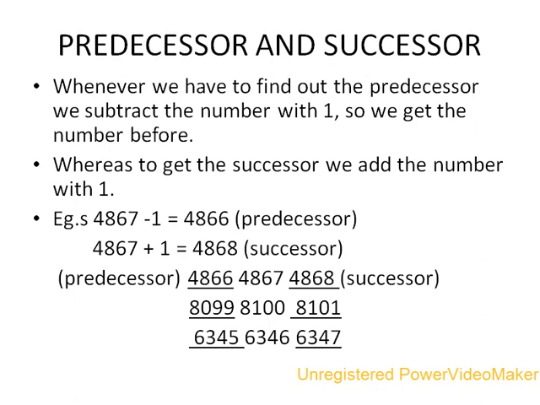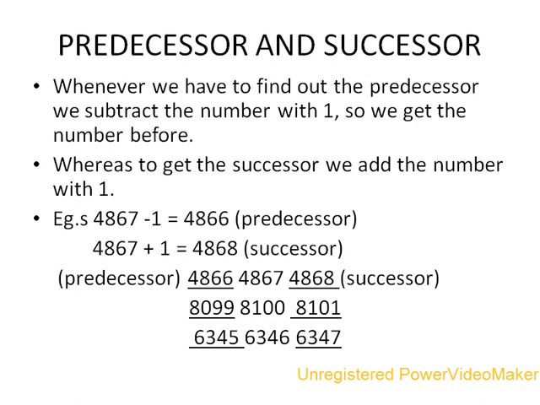So I have written 4867. The predecessor is 4866 and the successor is 4868. The left hand side number is the predecessor and the right hand side number is the successor. Now another example, 8100. To get the predecessor, I will subtract 1 and the answer is 8099.